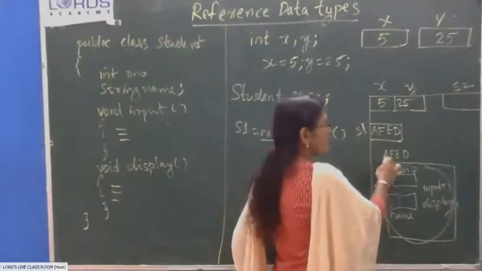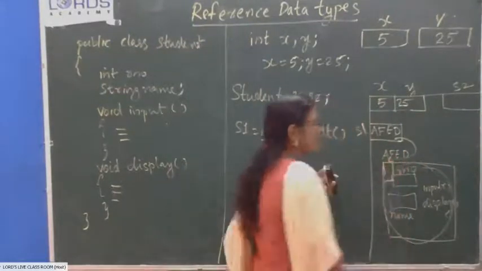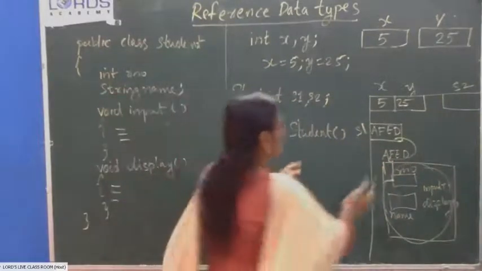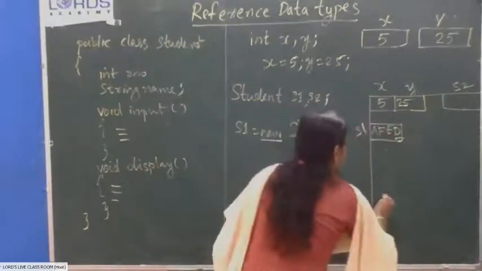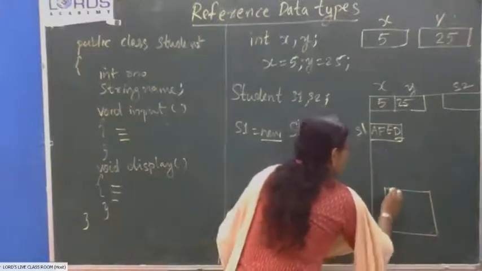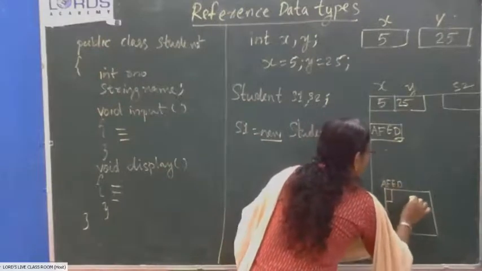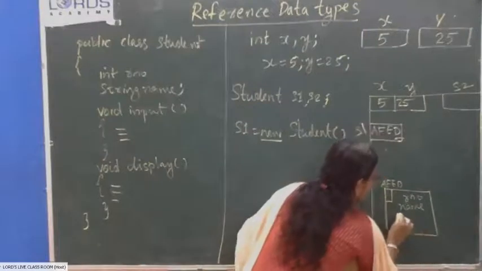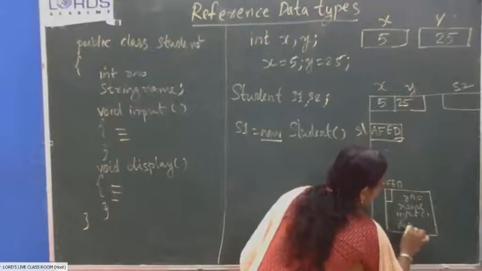It is pointing to this object which starts at the cell AFED. Here we have the variables roll number, name, and the input and display methods.